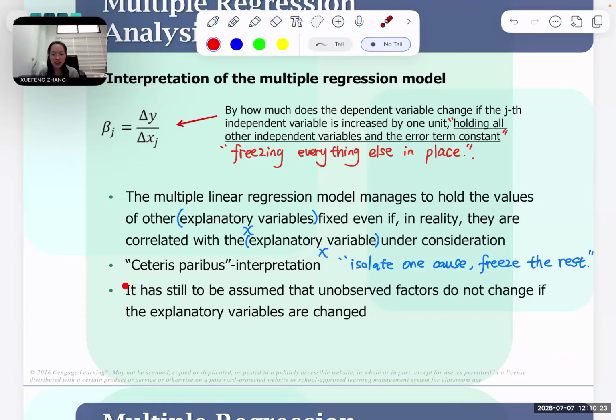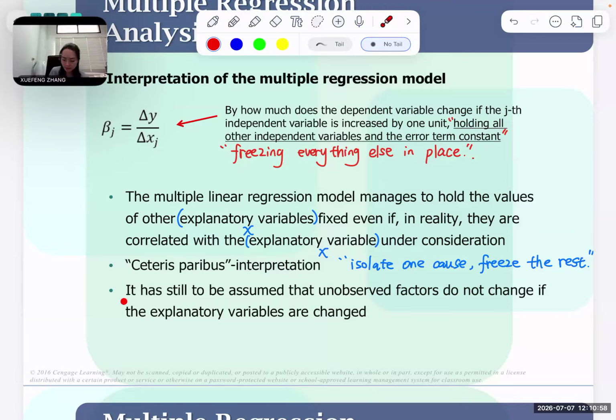But an important warning in the last bullet: this only works if unobserved factors in mu don't change when we change an x. If changing education somehow also shifts something hidden in mu, our ceteris paribus story breaks down. This assumption is so important that it gets its own name later. We'll spend the whole next section on exactly this condition.